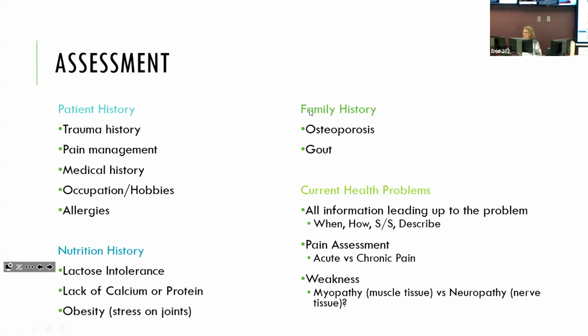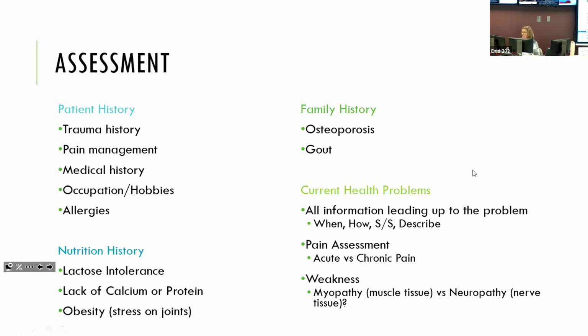You're going to want to ask about the family history. Osteoporosis is hereditary, and so is gout. Nutrition history. If they're lactose intolerant, they can't drink milk, or they can't have dairy. Lack of calcium or protein, and obesity, which causes stress on the joints.